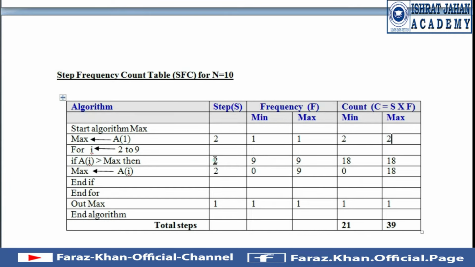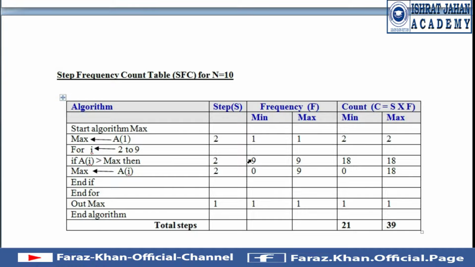Now move on. For is not an executable part, so we will just omit for and move on to the executable part. So here, if A into I is greater than max, then it's an executable part, right? So how many times will it compare values?